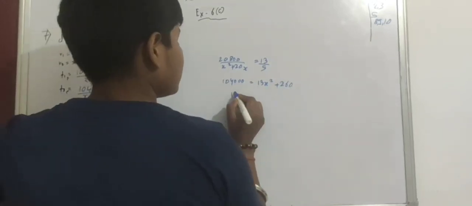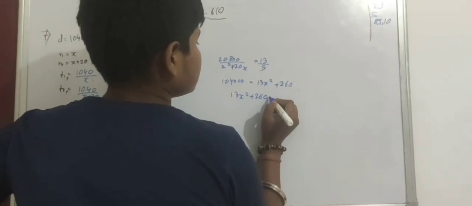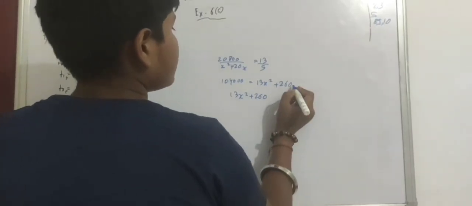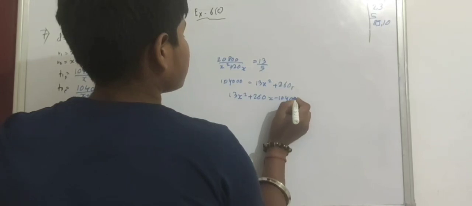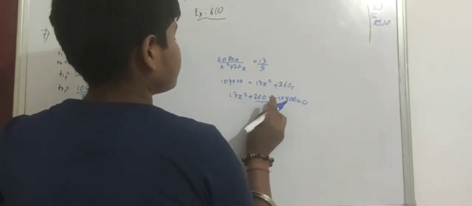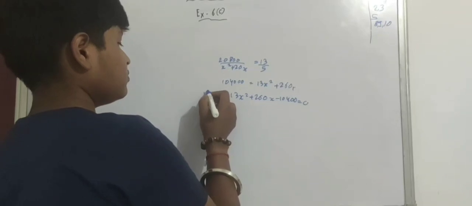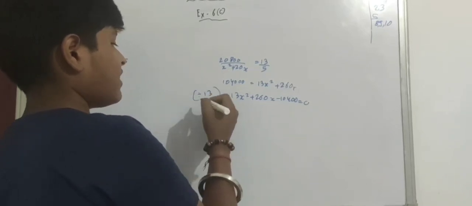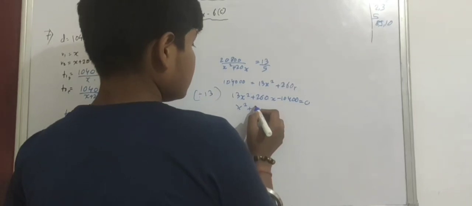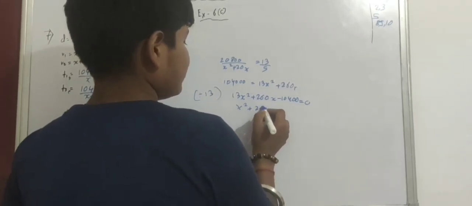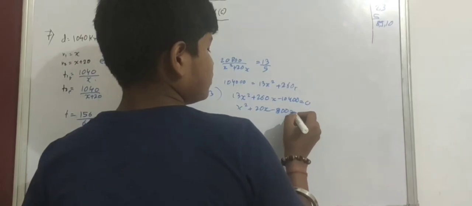Send this to this side, you will get 13x square plus 260x minus 104000. Now do the middle term split of this. We can see that 13 is common to all three terms, so divide by 13, you will get x square plus 20x minus 8000 is equal to 0.